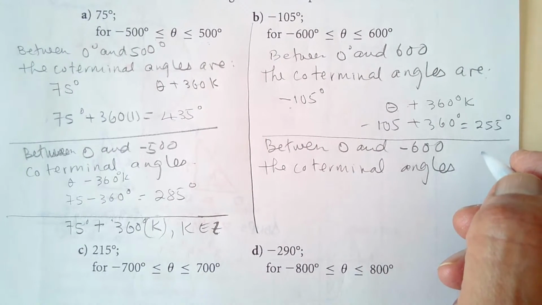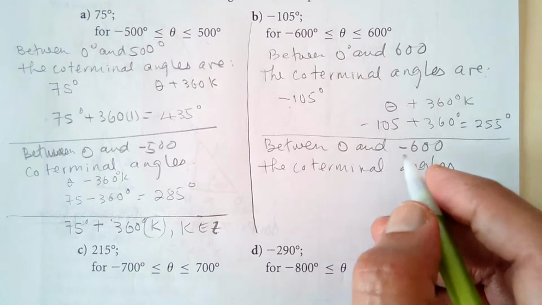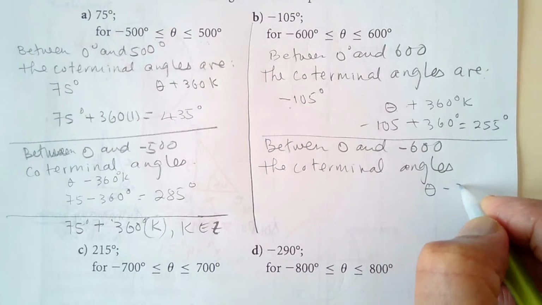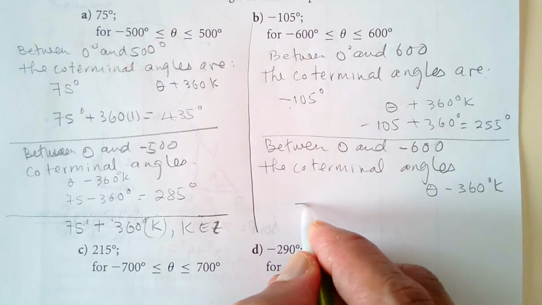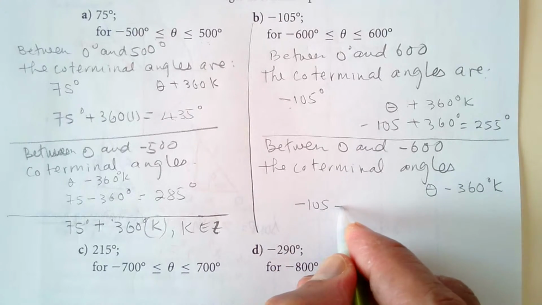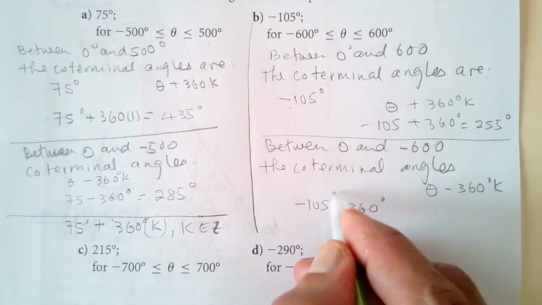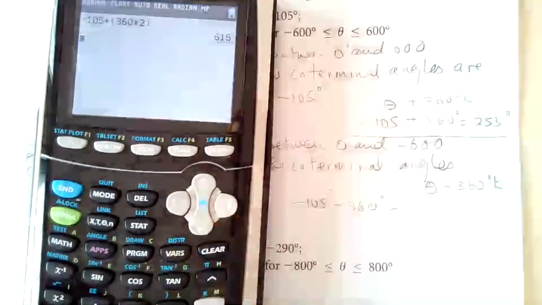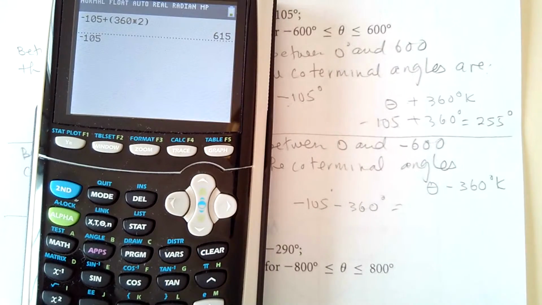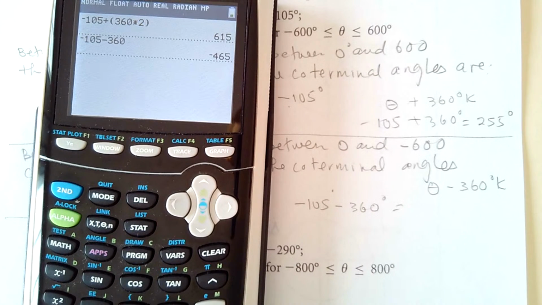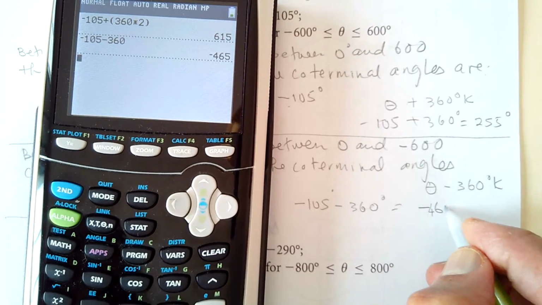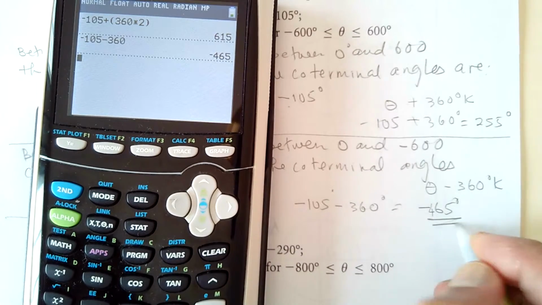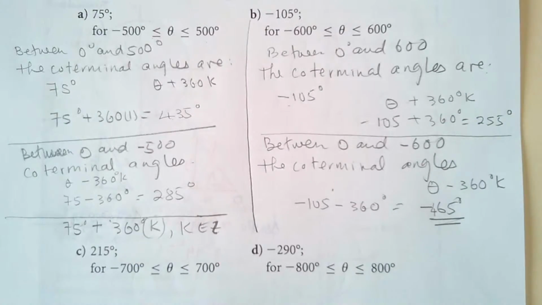Now, how many will we have here? In this case, we're using theta minus 360k. So we have negative 105 minus 360, which gives me negative 465.